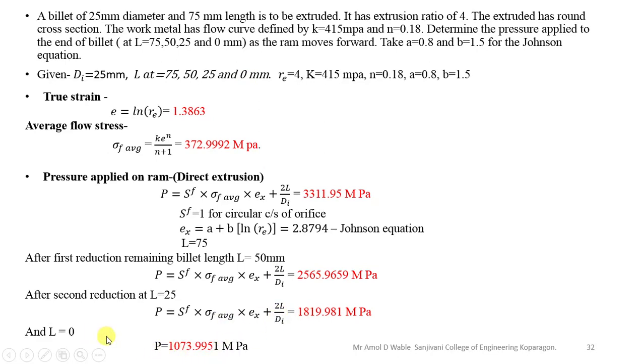So when L is 0, the pressure will be 103773.995. So here you will find that as the billet length is more, more pressure is required. As the billet length goes on decreasing, the pressure to be applied on that billet also goes on decreasing.